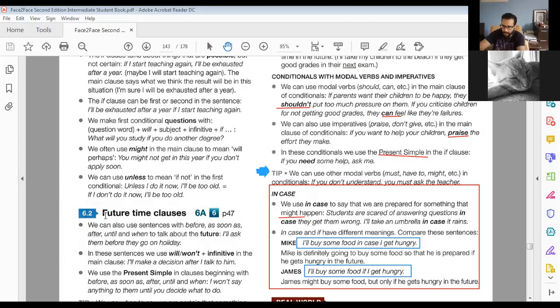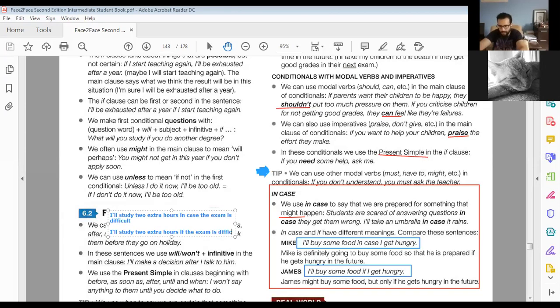So let me write them here. So I'll study 2 extra hours in case. Okay, which one is correct and which one is not correct?